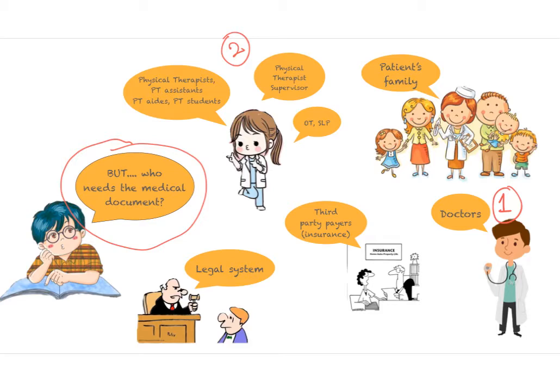Another group of people who may need the medical document would be, surprisingly, the patient's family. Of course, not all members of the family may access the document. If the patient is conscious and can comprehend, the patient is the one and only member that may have access to the document.